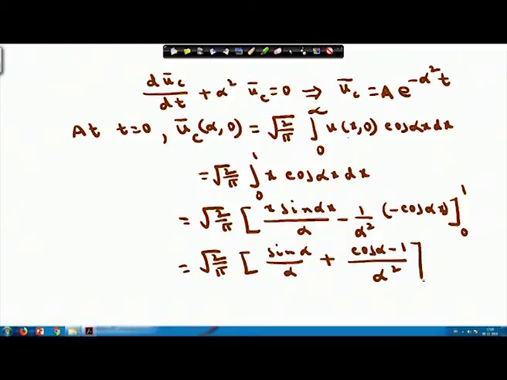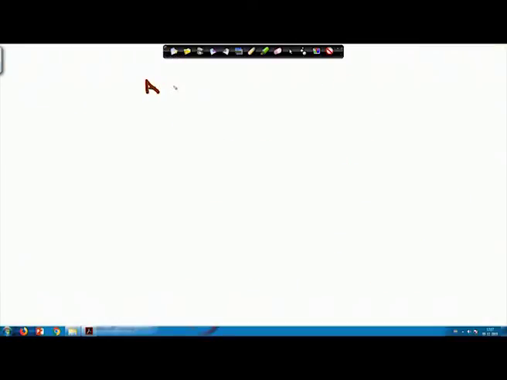So, once I am obtaining this, therefore, if I substitute it in the given equation, this e power term will vanish and your a will become this term only. That is, your a is now from here, if I substitute, root over 2 by pi sin alpha by alpha plus cos alpha minus 1 by alpha square.